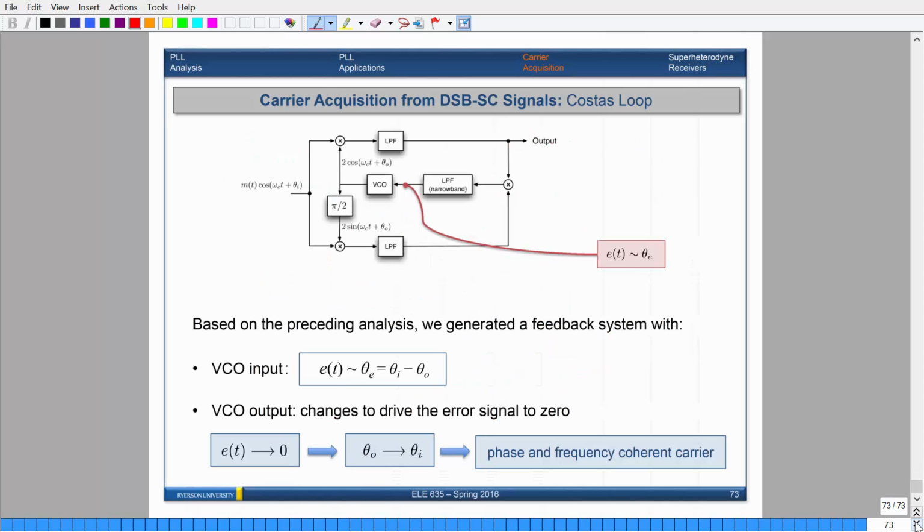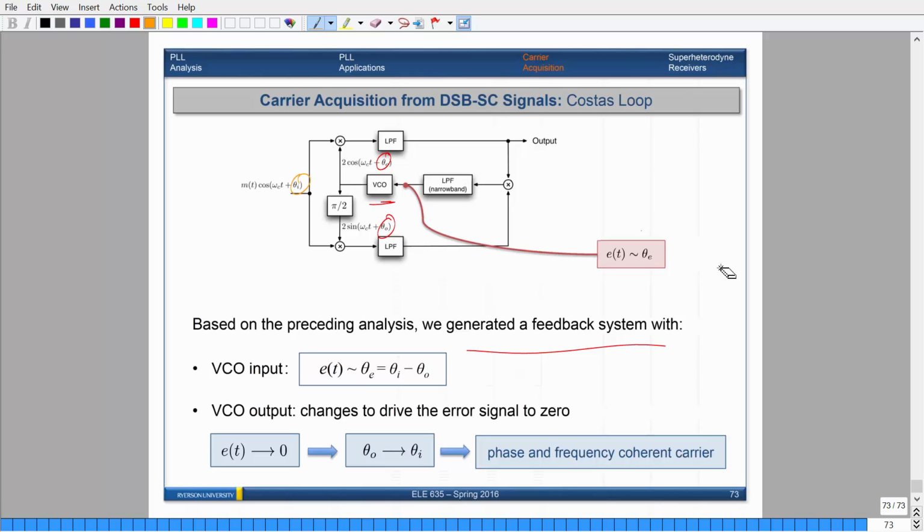Okay, so here we go. This is just summarizing what I talked about before. Based on the preceding analysis, we generate a feedback system where the voltage-controlled input is simply the error signal, which is the difference between the phases. We have some phase generated by the voltage-controlled oscillator, and we also have some input phase going in. As long as both phases match, we shouldn't have to generate an error signal.